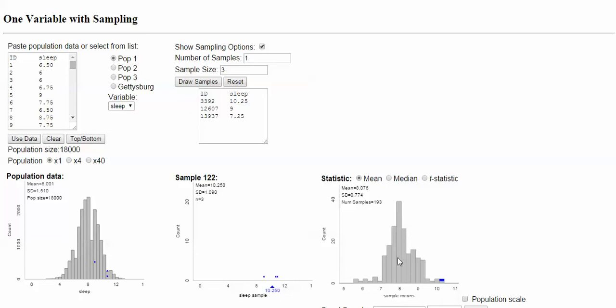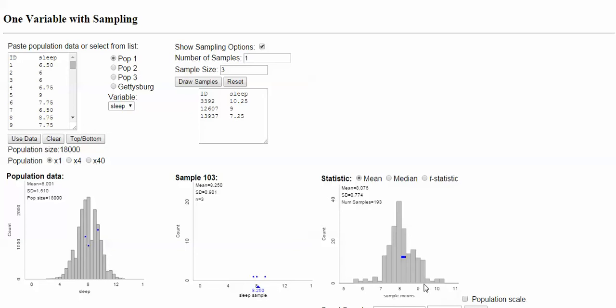What we're starting to see a lot more of are these samples that are more medium and not as extreme. And all of these samples in here ended up having sample means in this middle area pretty close to 8 hours.